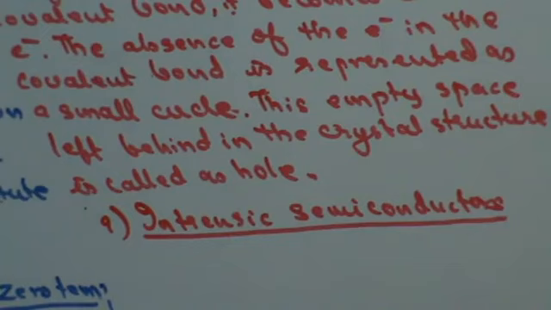Germanium has 32 electrons: 2 in the first orbit, 8 in the second, 18 in the third, and 4 electrons in its valency orbit. These 4 electrons in the outermost orbit are the valency shell electrons.